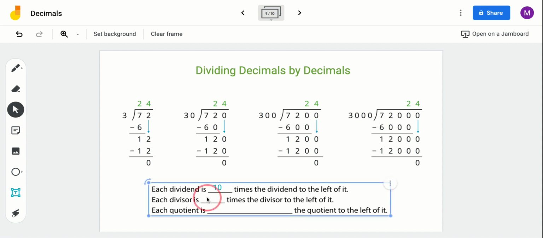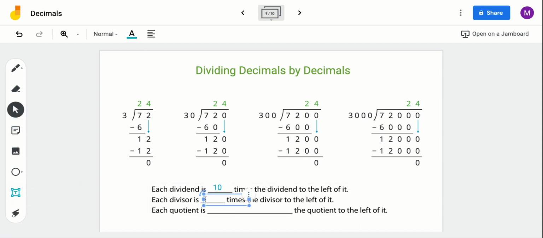So the divisors are also 10 times as much. This number is 10 times as much as this number.